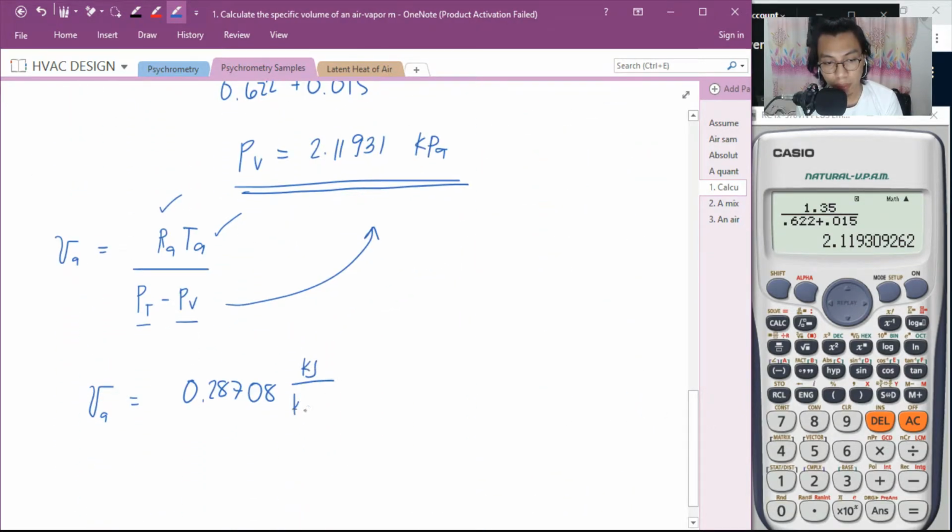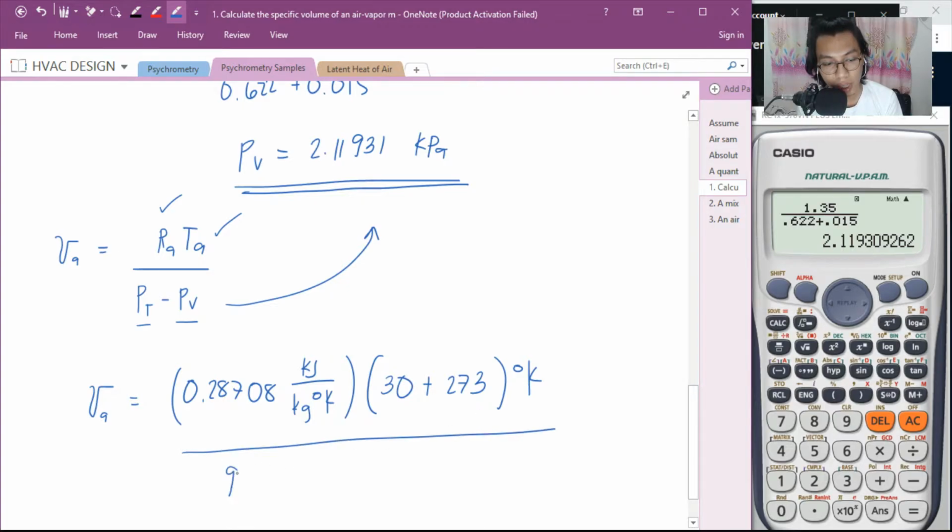Kilojoule per kilogram degree Kelvin, multiplied by the given temperature, 30 plus 273 to make it absolute, degree Kelvin, divided by PT, which is 90 kPa minus 2.11931 kPa, kilonewton per meter squared.